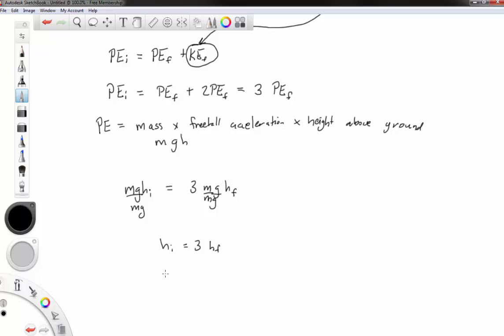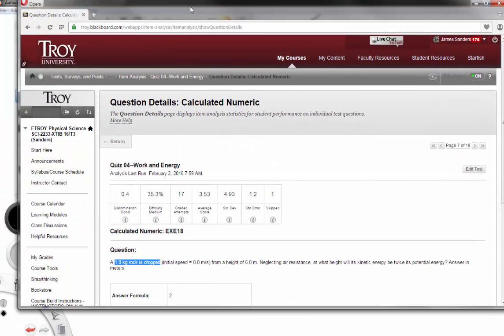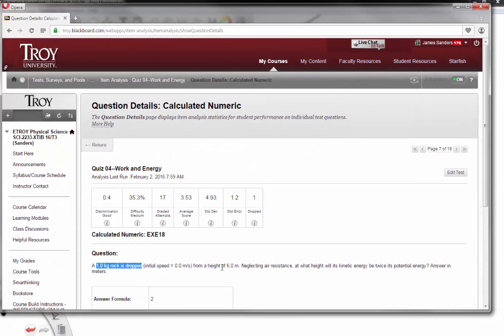So in other words, if 3 times the final height is equal to the initial height, that also means that the final height is equal to, we can divide both sides here by 3, 1/3 of the initial height. So that's 1/3 of, if we pull up the problem again to remind ourselves what the initial height was, you see that it's being dropped from a height of 6 meters.